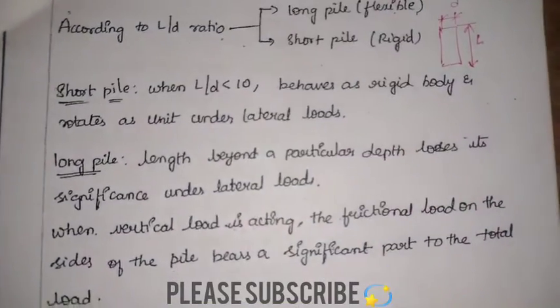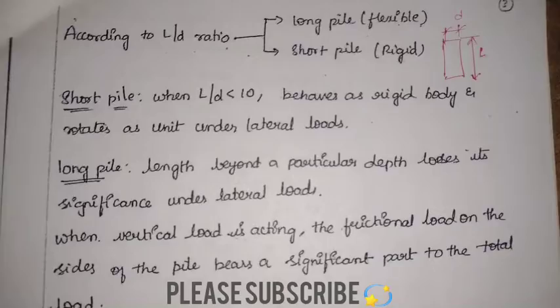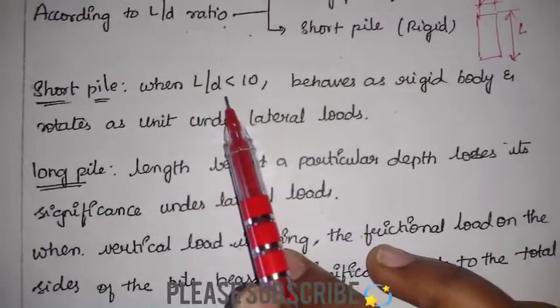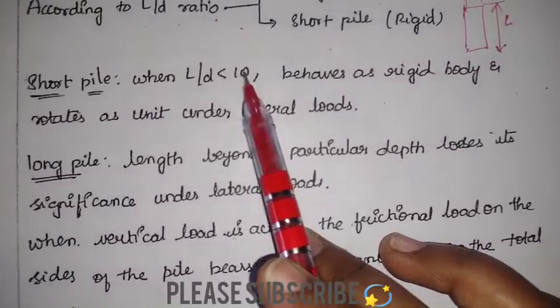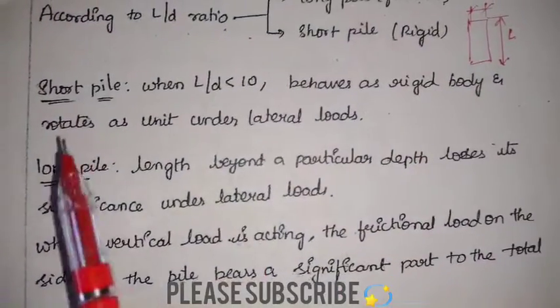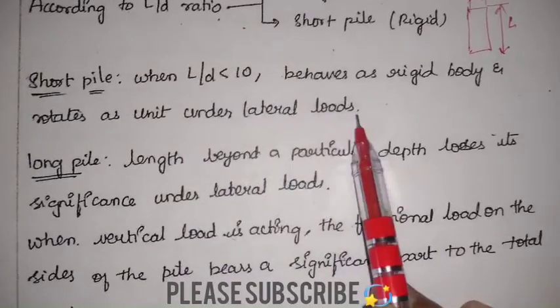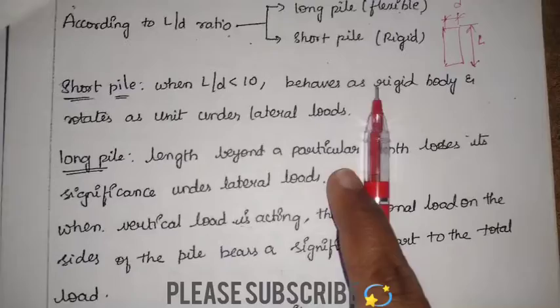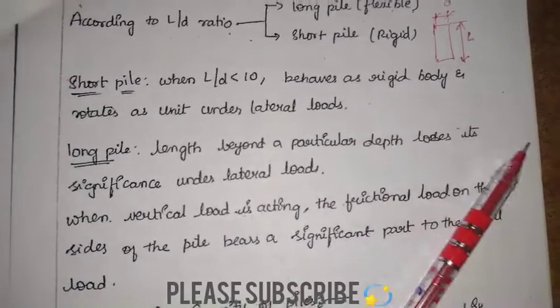Remember this: long one will buckle, short one will crush. The short pile, when L by D is less than 10, behaves as a rigid body and rotates as a unit under lateral loads. So whenever lateral loads are applied in this direction, it will rotate.